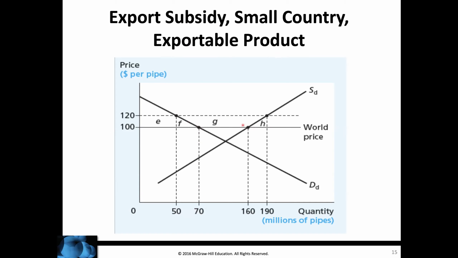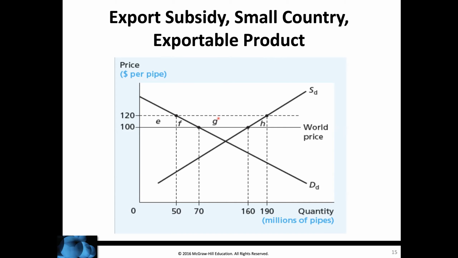So the difference between these two is how much would be exported, which is 90 million steel pipes. We're looking at dollars per pipe, million pipes. So 160 minus 70 is the amount that is exported.